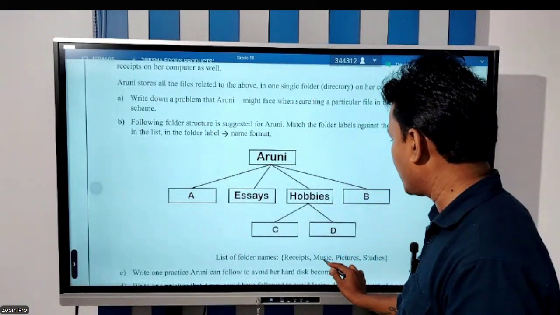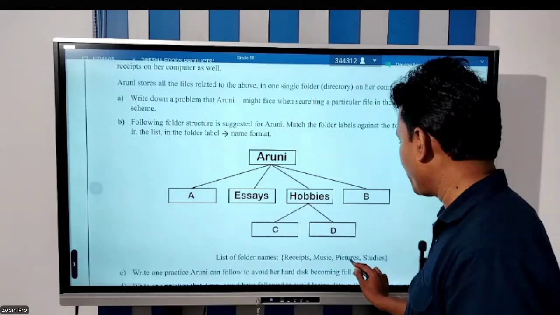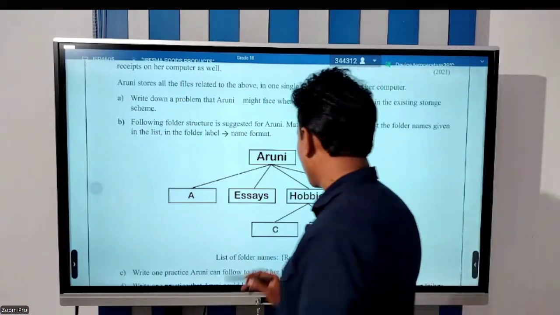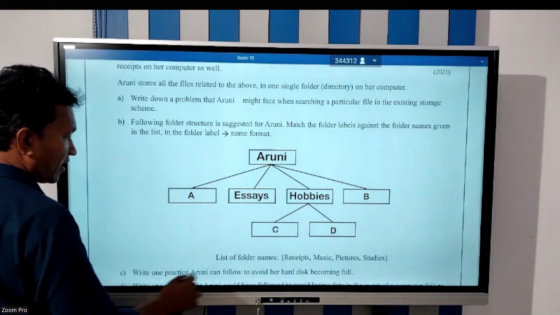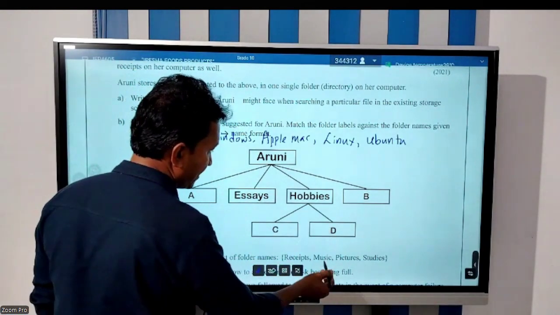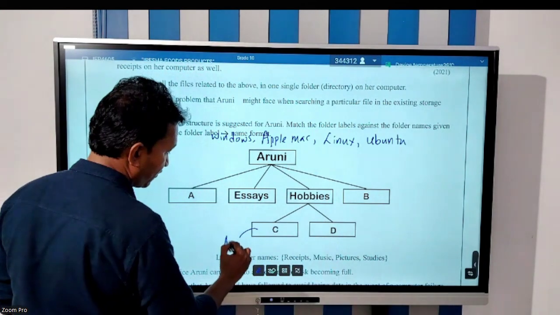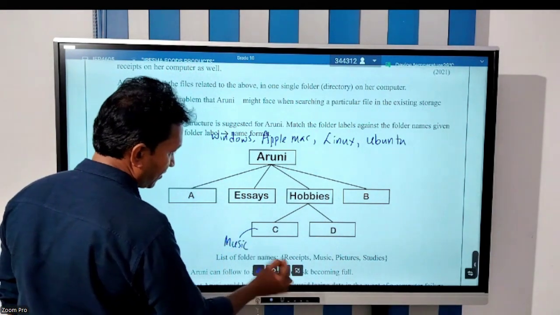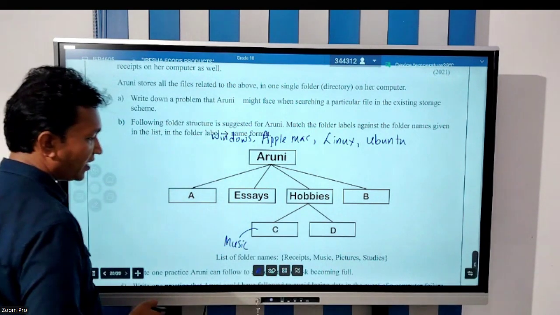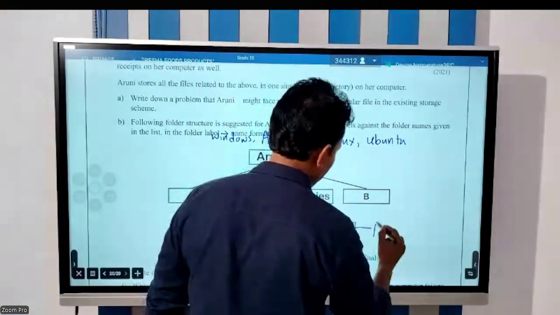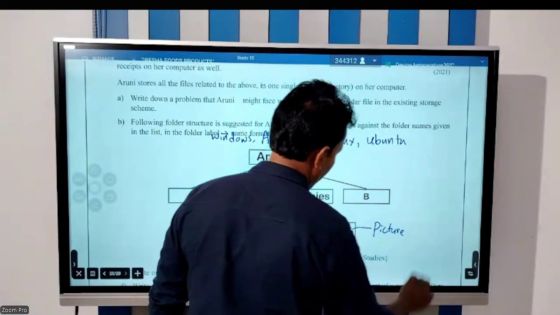So one is to hold MP3 files. Therefore, under the hobbies, there should be a music folder. අපි මේ list එකෙන් තමයි අපි select කරන්න ඕනේ මේ folder name එක. There should be a music folder then. To hold photos, there should be a picture folder.